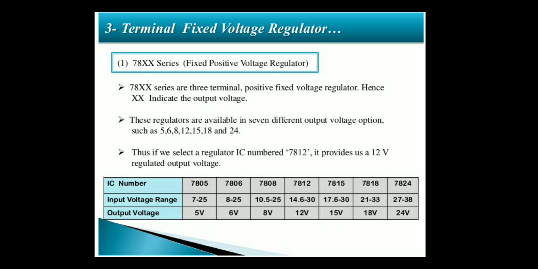The 78XX series are 3-terminal positive fixed voltage regulators. Here XX indicates the output voltage. This regulator is available in 7 ranges. For example, IC 7805, the input voltage range is 7 to 25 and the output voltage is 5 volt.